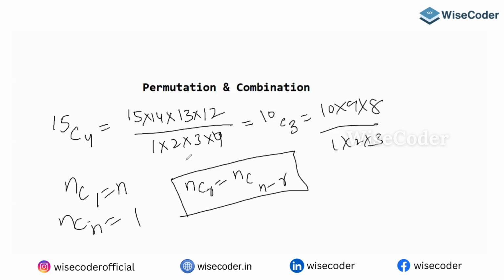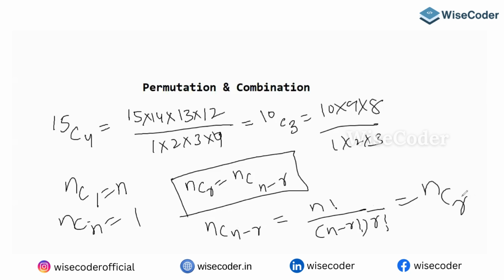So for that also you can write like this: NC(N minus R) means N factorial by (N minus R) factorial into R factorial, which is also equal to NCR.